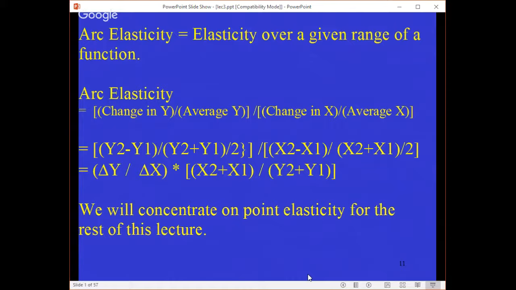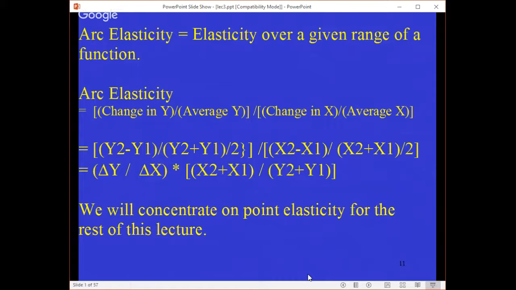Point elasticity gives you the elasticity, as it says, at a given point. Arc elasticity, on the other hand, gives you the average elasticity over a range. So from here to here, it'll give you the average elasticity between the points.